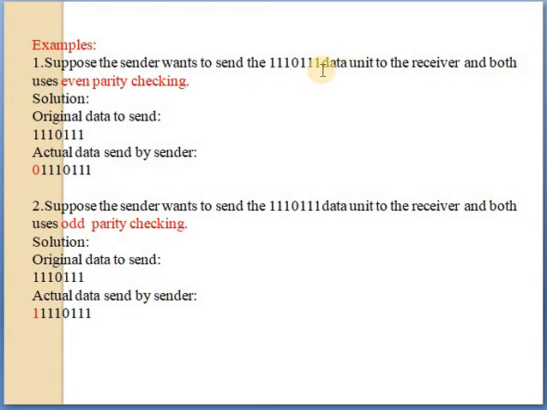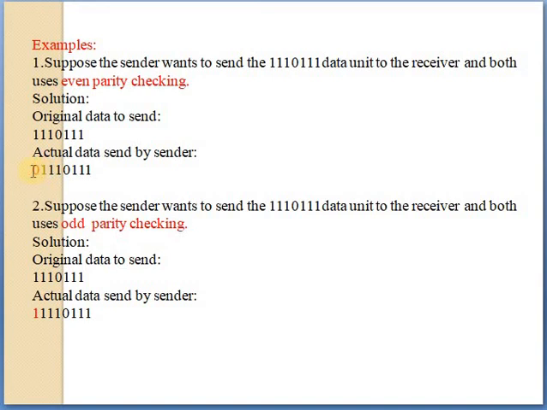Both sender and receiver use even parity checking. The total number of ones in the data unit is 6. The parity bit added to the end of the data unit will be 0, because 6 is an even number, so it maintains even parity.